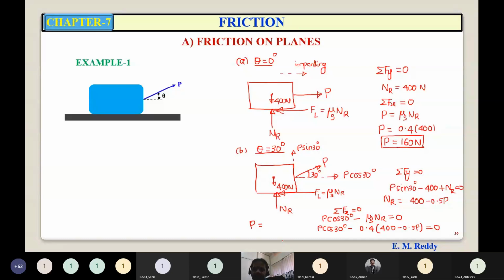240 Newton, sir? No, it can't be 240. Please check.